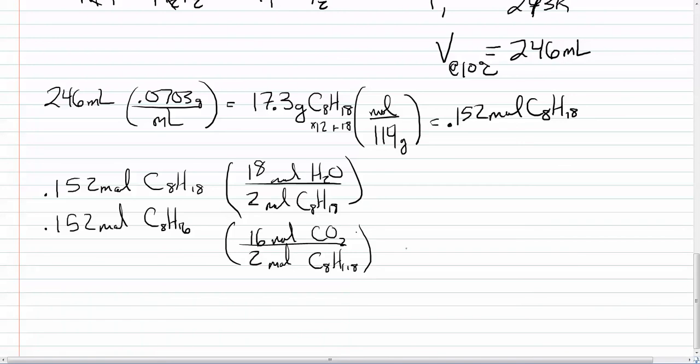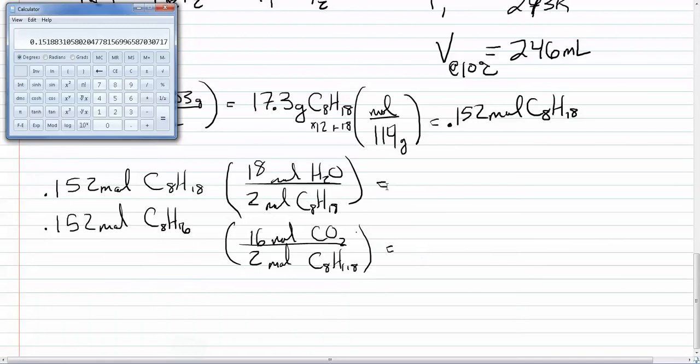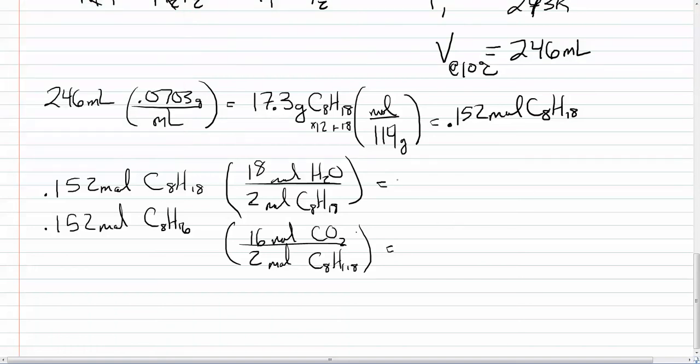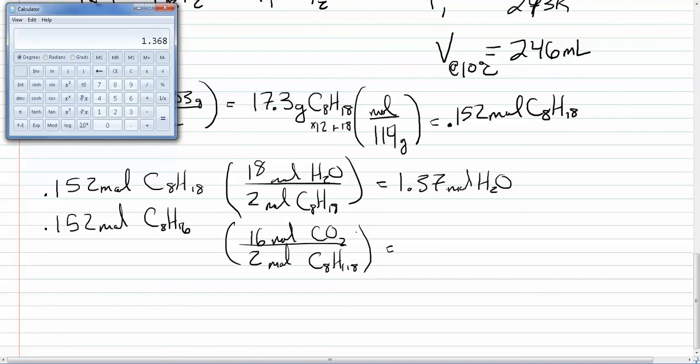Let's come back down here. This is 18 to 2, and this is going to be 16 to 2. Okay, so back to our calculator here, I'm going to go ahead and clear this time: 0.152 times 18 divided by 2 gives us 1.37 moles of H2O.